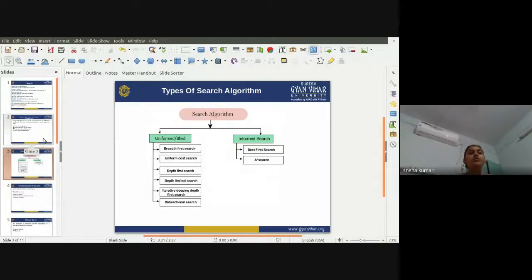Search algorithms are one of the most important areas in artificial intelligence, and this topic will explain all about them. First, let's start with the problem solving agent. In artificial intelligence, search techniques are universal problem solving methods.